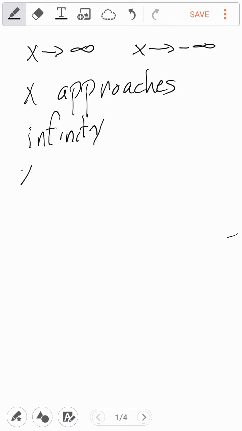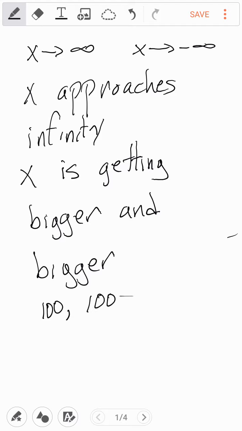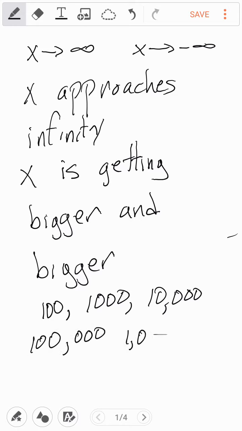And so another way of thinking about that is x is getting bigger and bigger. So I can think of it as first x is equal to 100, and then it's equal to 1,000, and then 10,000, and then 100,000, and then 1,000,000, etc. But it's going to keep getting bigger.